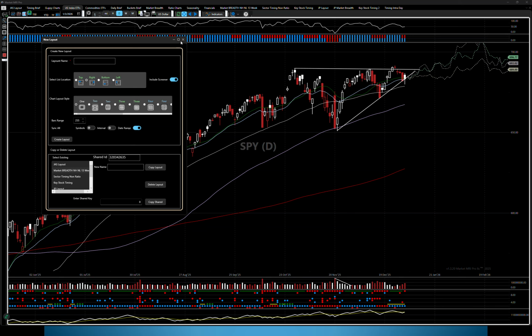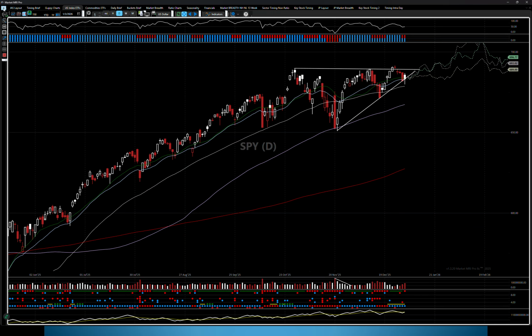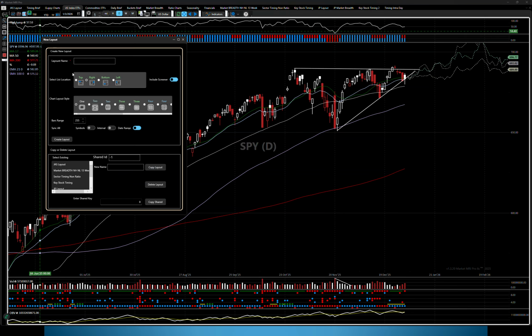Let me just do it and show you exactly. Hamburger menu, new layout. Come down here, enter that shared key, paste, and we should see another add to that.